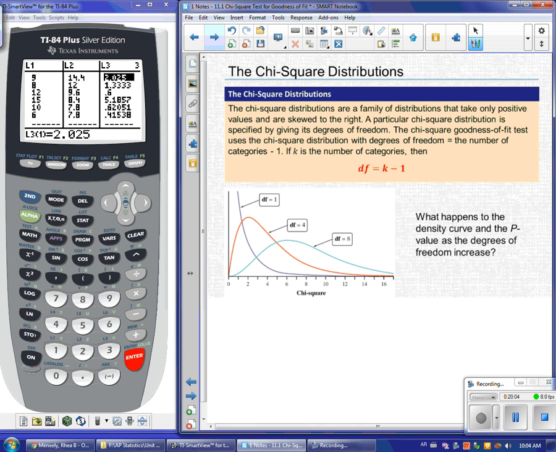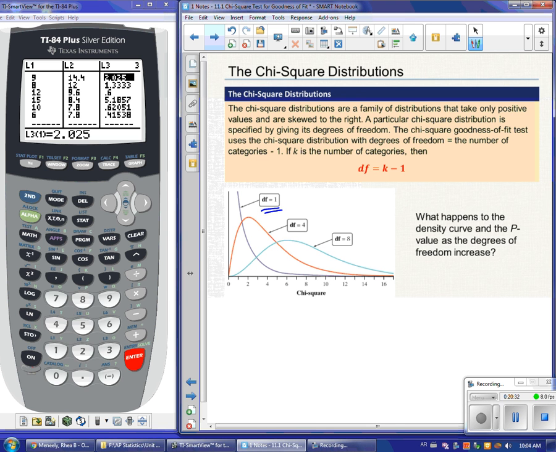Okay. And so this is just some images of what the chi-square distribution looks like. So you can see the chi-square distributions that have a degrees of freedom of 1 look kind of funky. And as our degrees of freedom increase, you can start to see that the distribution becomes a little bit more bell-shaped and symmetric. So the chi-square distributions are a family of distributions that take on only positive values and are always skewed to the right.